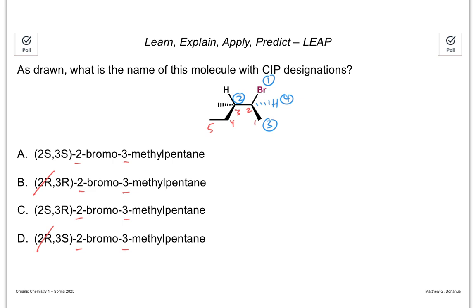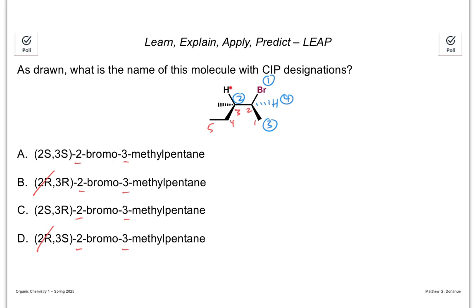And then what about position 3? What do you think that is? It kind of looks like R in a sense, but if you look, we're considering that carbon. It has 4 different groups: a methyl, an ethyl, and then this side chain with the bromine.